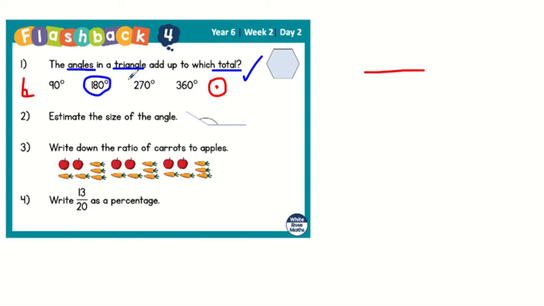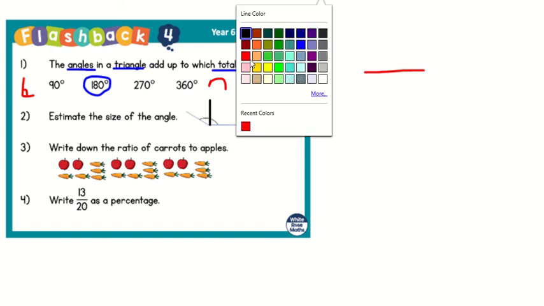Okay, estimate then the size of the angle. So on to question 2 now. Well, let's think about what I know. I know that 90 degrees would be approximately here. So I know it's larger than 90 degrees.